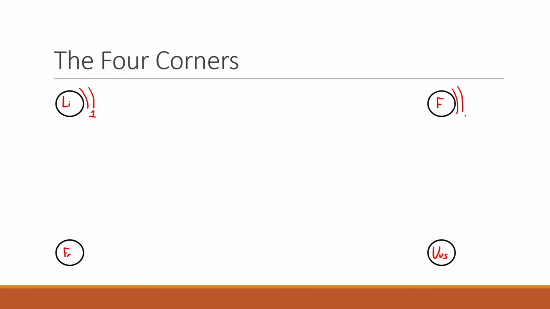Fluorine has 2 shells and 7 valence electrons. Francium has 7 shells and 1 valence electron. Ununseptium has 7 shells and 7 valence electrons.